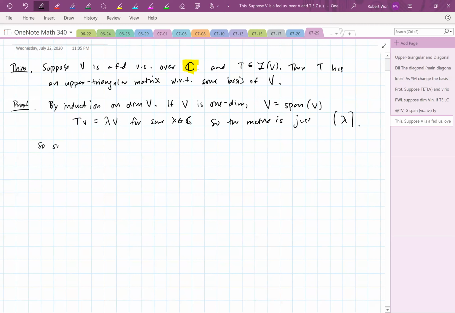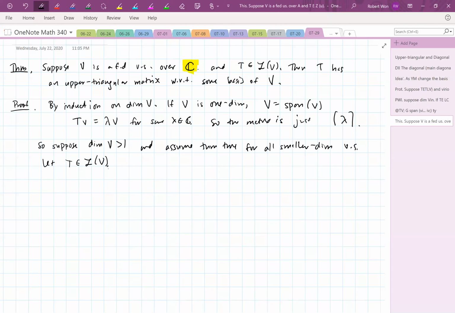Okay, now suppose that dimension of V is strictly greater than 1, and assume that the theorem is true for all smaller dimensional vector spaces. The standard induction hypothesis. Okay, let T be an operator on V. I want to construct a basis of V such that T is upper triangular with respect to that basis.